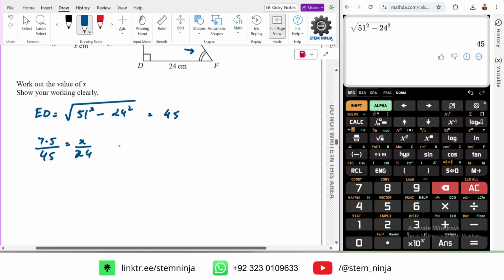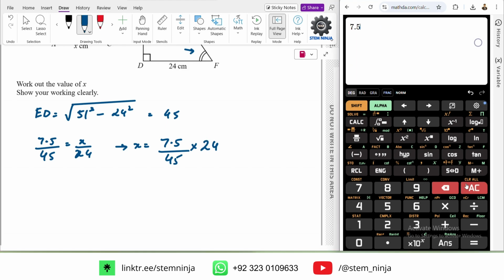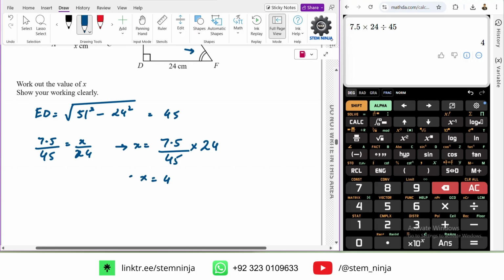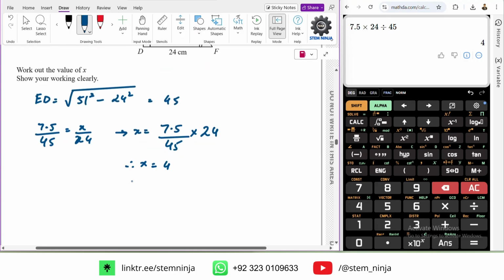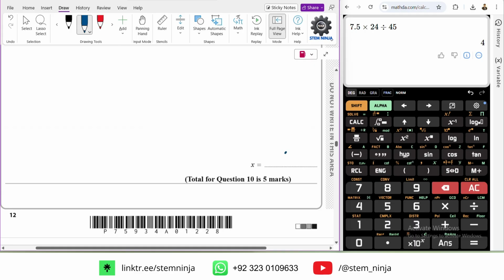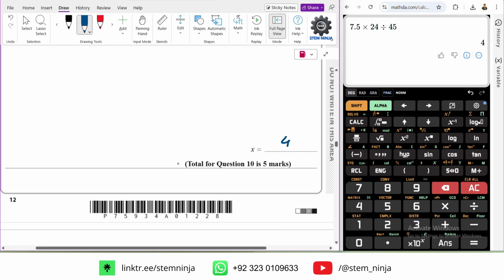So these are the corresponding sides. Therefore, x would be 7.5 over 45 times 24. So 7.5 times 24 divided by 45 is equal to just 4. So x is equal to 4. And that's your question number 10. Let's move on to the next question.